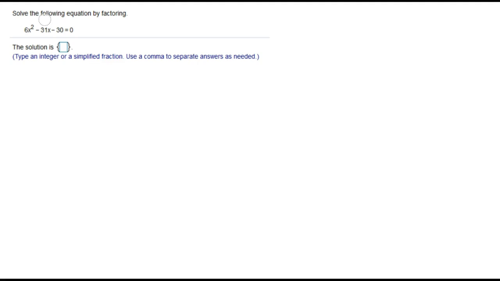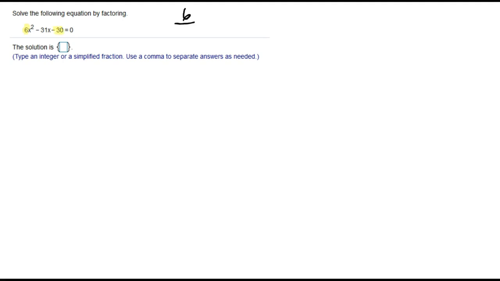This question says, solve the following equation by factoring. 6x squared minus 31x minus 30 equals 0. So this is a quadratic equation because we have the x squared there. And the directions want us to solve by factoring. So in order to solve by factoring, I need factors of 6 and factors of 30.